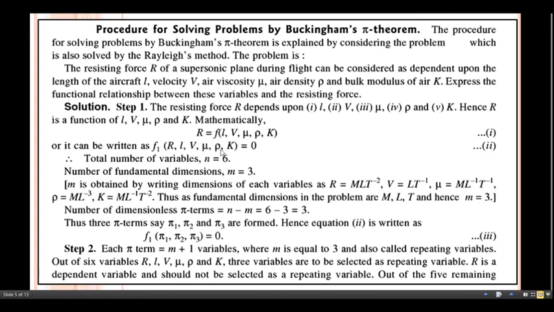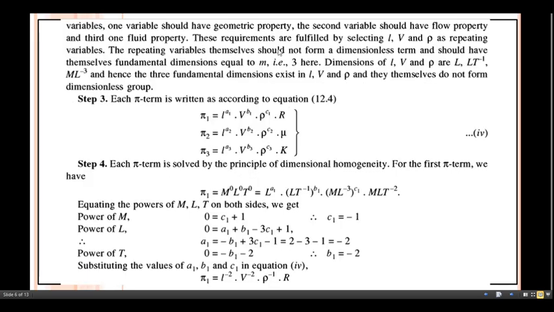The group of L, V, rho is formed by us, and the remaining ones are r, then mu and k. So r is multiplied by this term. So pi 1 is L raised to a1 into V raised to b1 into rho raised to c1 into r.